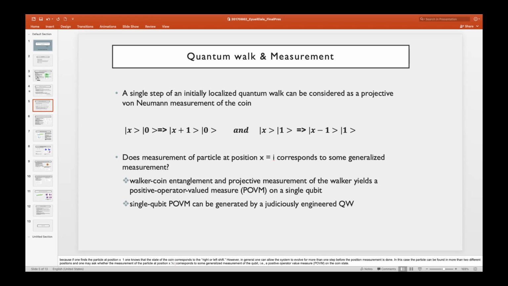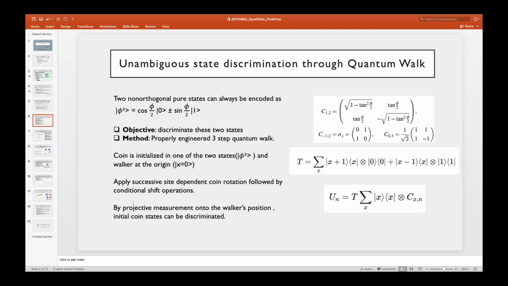That's how we realize unambiguous discrimination of states using quantum walk. The example used in the paper was unambiguous state discrimination through quantum walk of a certain state.